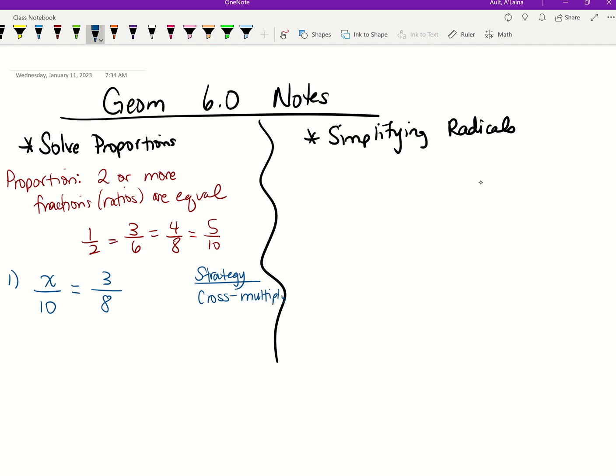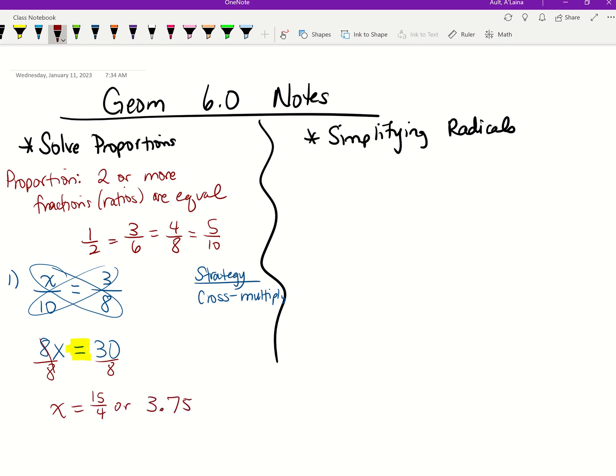To cross multiply, what you're going to do is look at the terms that are diagonal and multiply them. And you want to make sure that you set them equal to each other. Notice this is a new equation with no more fractions in it, and then you can just solve this equation by dividing. If you want, you can make this a fraction. If I divide by 2, this would be 15 over 4, or I could make this a decimal, 3.75.